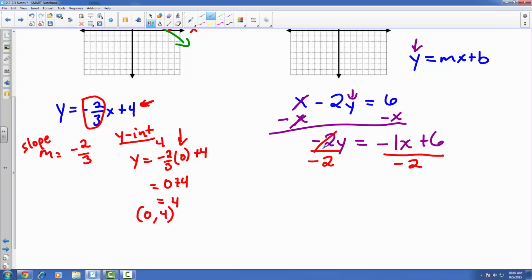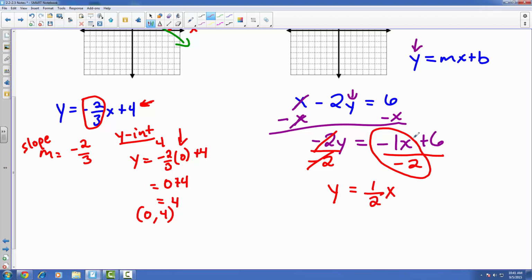On the left side, negative 2 cancels out with the negative 2, so you're left with just y is equal to. When we divide this entire thing by negative 2, we can break it up. We take negative 1x divided by negative 2. A negative divided by a negative comes out to be a positive, and 1 divided by 2 is just 1/2.